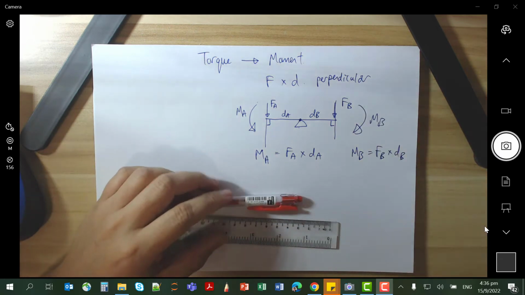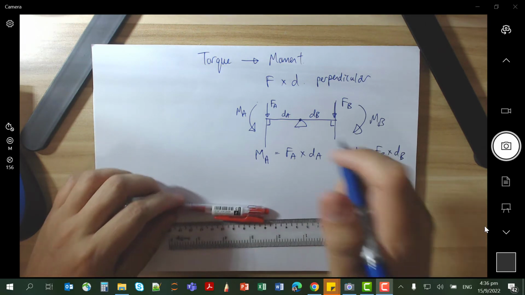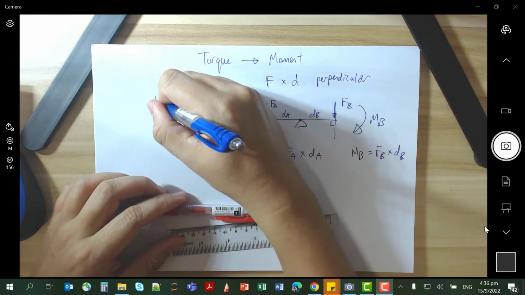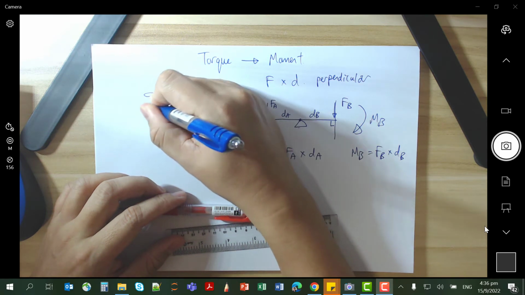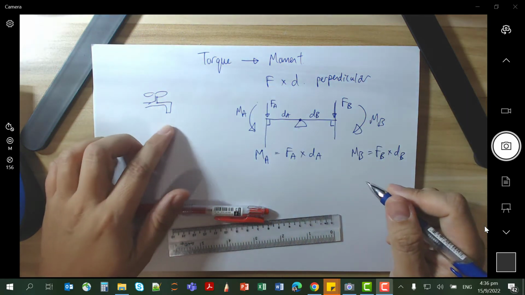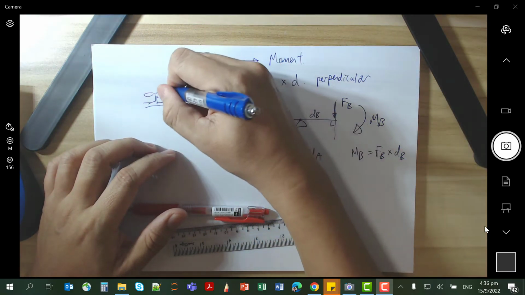A torque is the same thing. It is basically a kind of twisting force. Imagine you have a tap at home. In order to let the water flow, you turn the tap in the anti-clockwise direction.